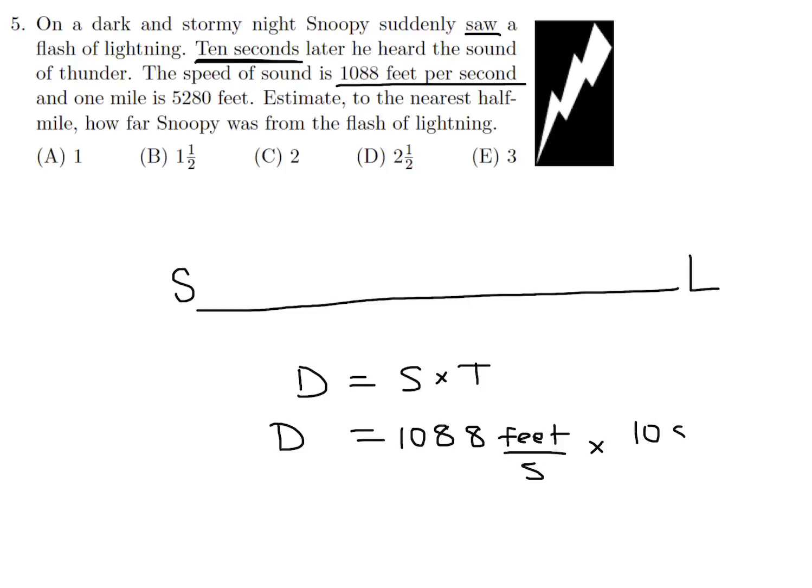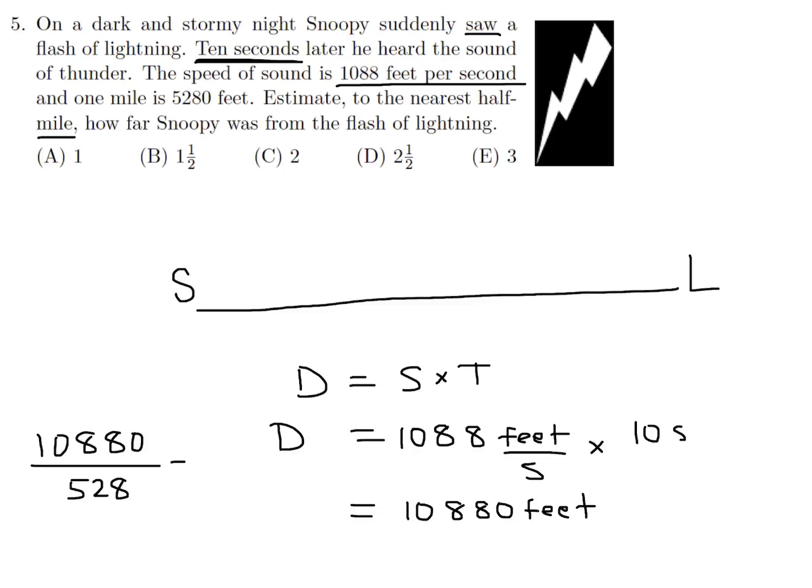So this looks like 10,880 feet. And they want the answer in miles. So 10,880 divided by 5280. And this is a little bit over 2.1 maybe, or 2.0 something. So that's what they're asking, to the nearest half mile. So the answer to number 5 is C, 2.